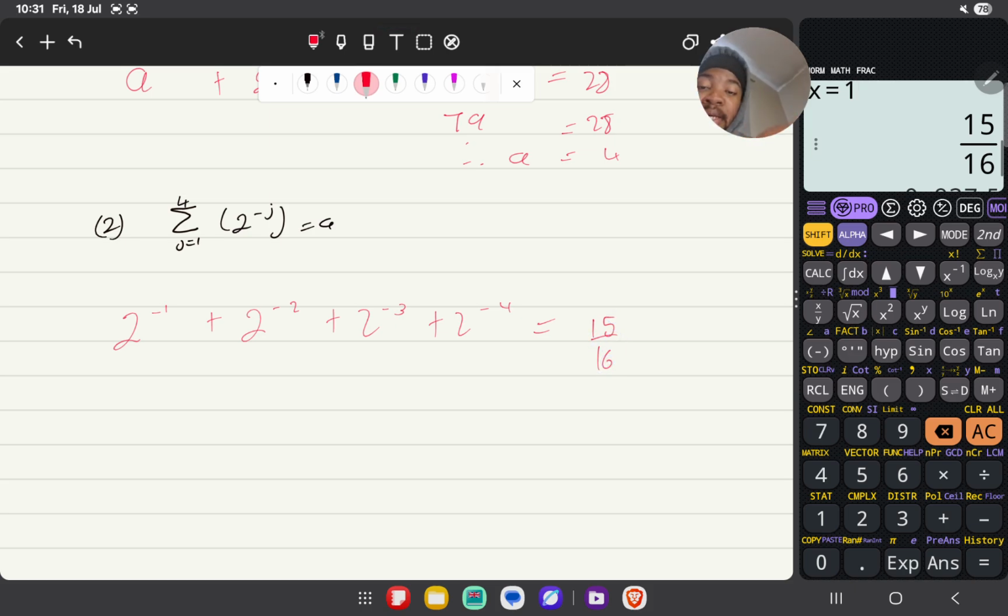So I can then say 15 over 16, just to make it interesting, right? And then perhaps here I'll have, no, it doesn't make sense. What I was going to do doesn't make sense.